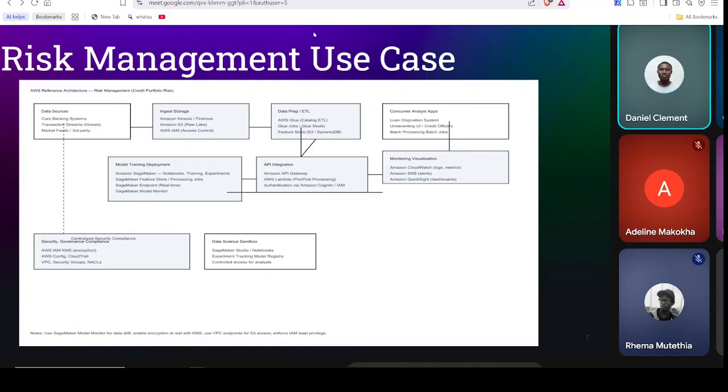Looking at the risk management use case, the intent is to show how businesses can do risk management. A company's data, sitting maybe on-prem or in the cloud, would integrate with the AWS services.